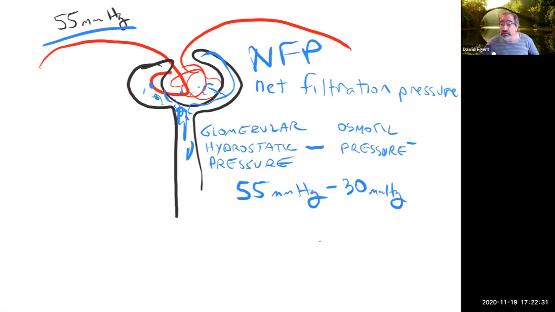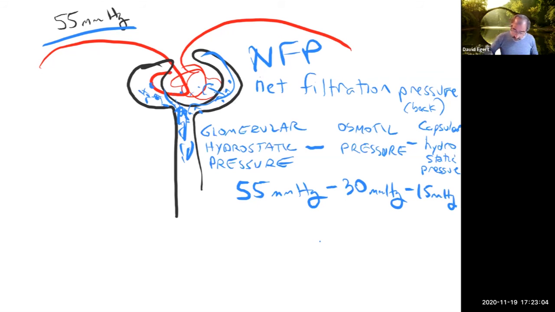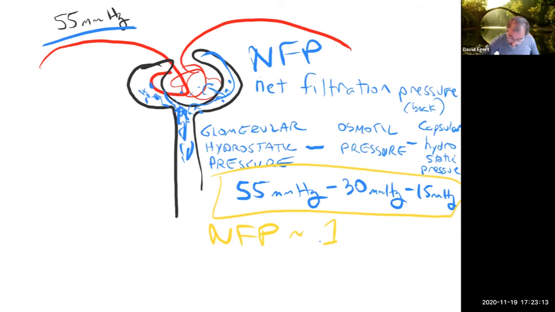And then you also get the back pressure. The more you're shoving water into this limited space, you get a back pressure building up. We call this the capsular hydrostatic pressure. This is basically the back pressure, and this is somewhere around 15 millimeters of mercury. So if we look at all of these together, the NFP, the net filtration pressure, is about 10 millimeters of mercury.